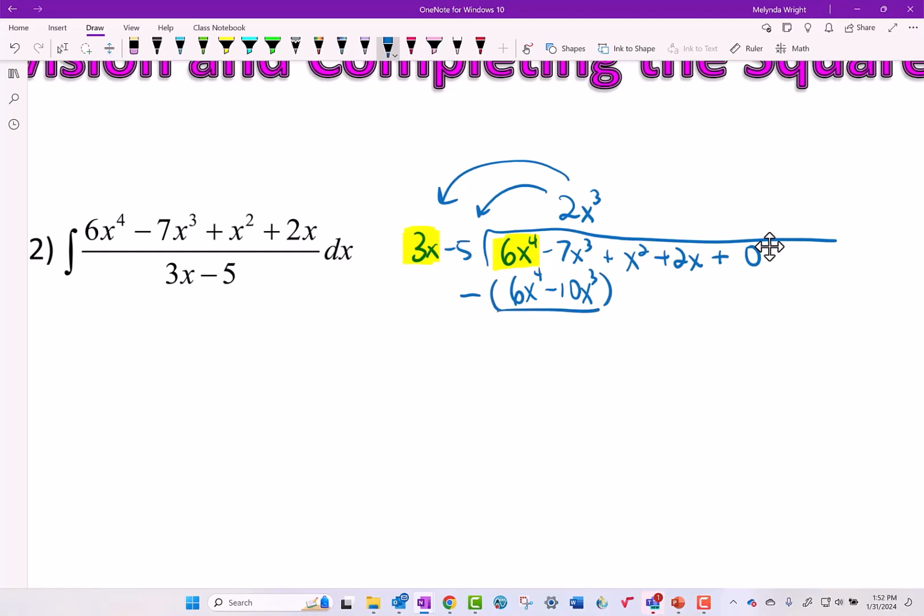All right, 6x to the fourth minus 6x to the fourth, that's 0. So negative 7x cubed minus a negative 10x cubed, which would be negative 7x cubed plus 10x cubed, which would give me a 3x cubed. And I pull down my next term.